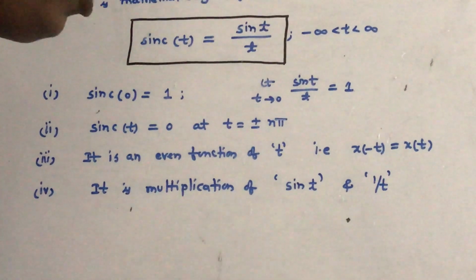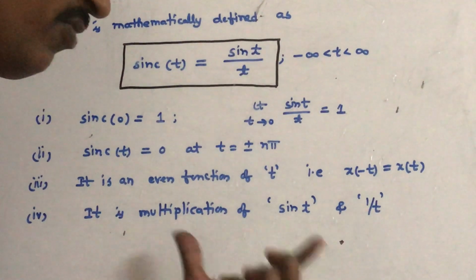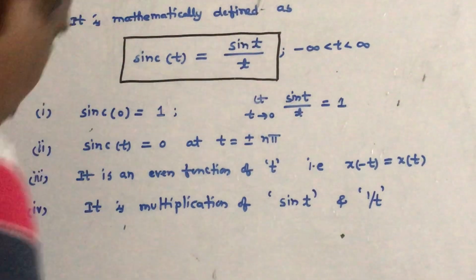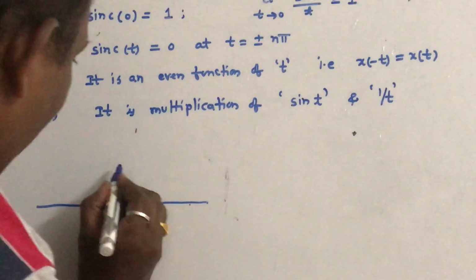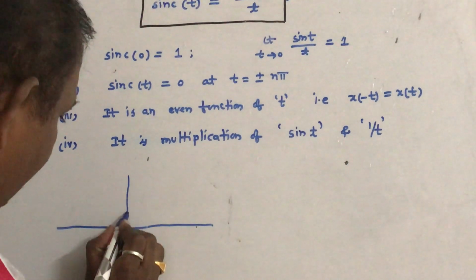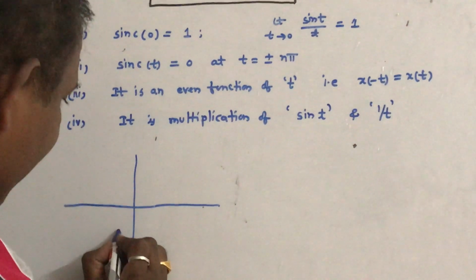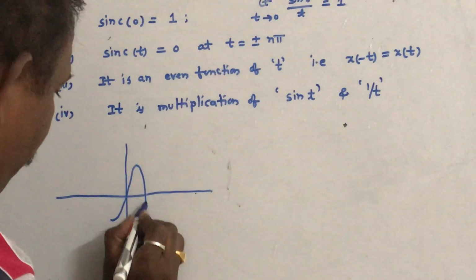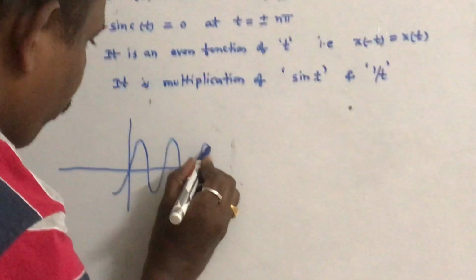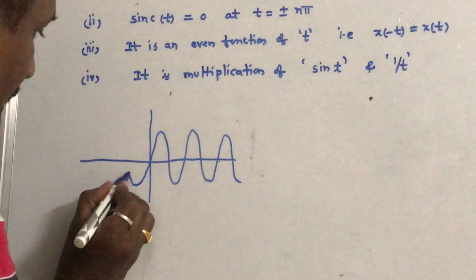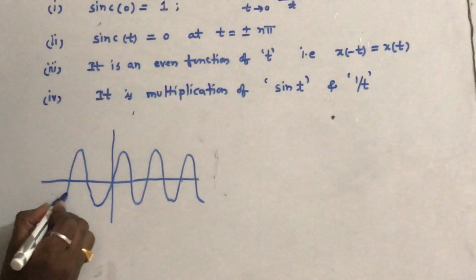If you multiply both of them, what will be the nature of the sin t by t graph? Let us check. For this purpose, first draw the sin t graph. As you know, the sine graph will be of this nature, an oscillating signal. It is also called an oscillating signal.